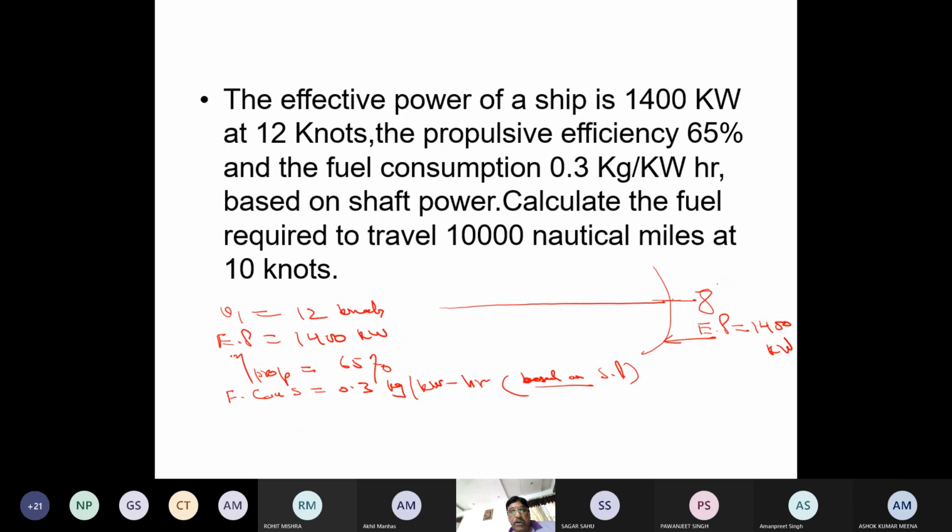Calculate the fuel required to travel 10,000 nautical miles. 10,000 is the voyage distance, nautical miles जिसकी consumption निकालनी है at 10 knots. ठीक है, 10 नॉट पे जाएं तो हमें कितनी कंजम्पशन लगेगी.